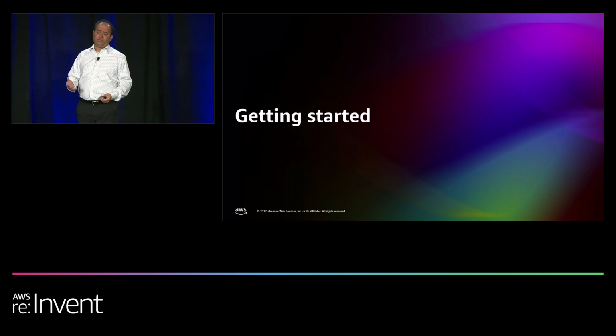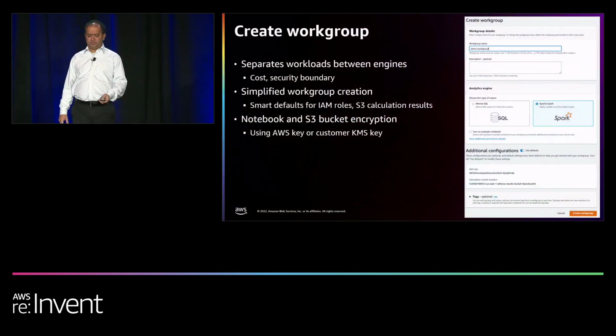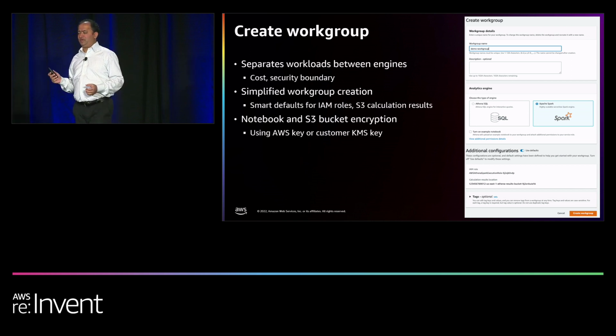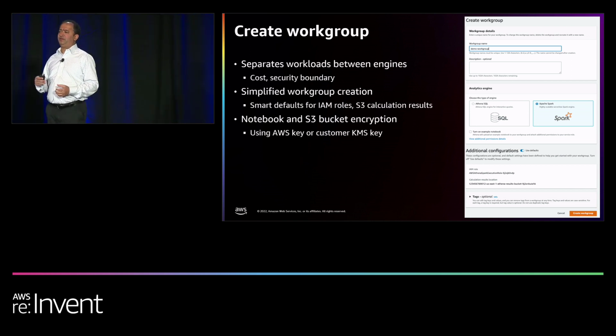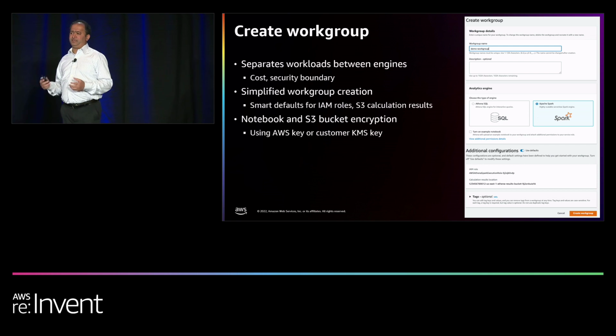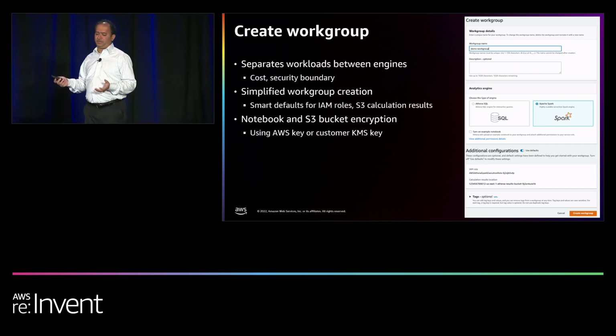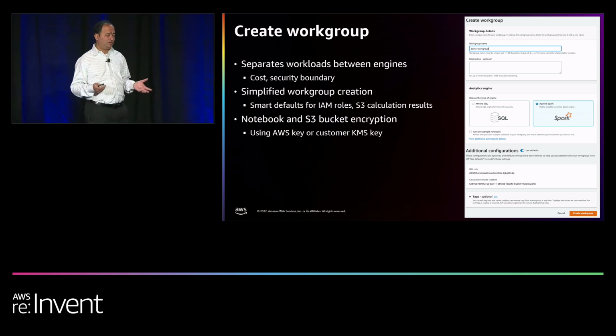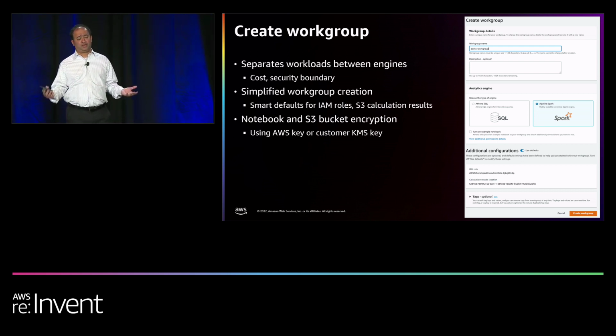Next, we will talk of how you can get started. The first step is creating a work group. A work group in Amazon Athena is a resource that is used to separate users, applications, teams that share an AWS account. We set up resource based policies to set up access to these work groups. A typical example is you may have two different users sharing the same AWS account.